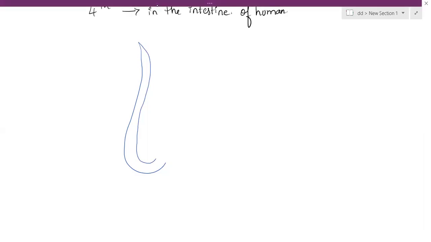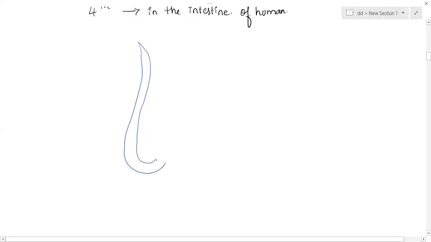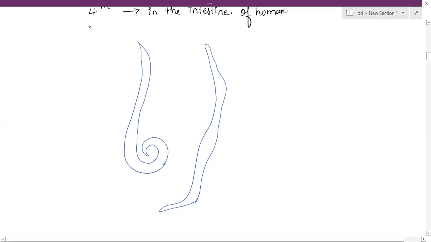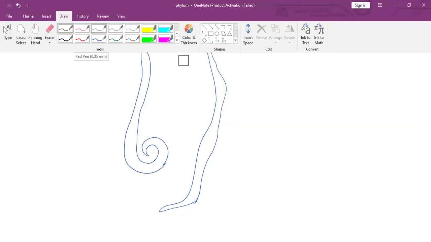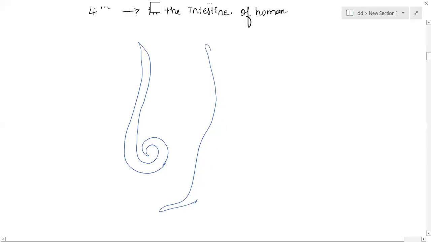The female is longer than the male, and has tapering ends with no curved end. I'm just drawing randomly. They look round in shape, so let me make it round.